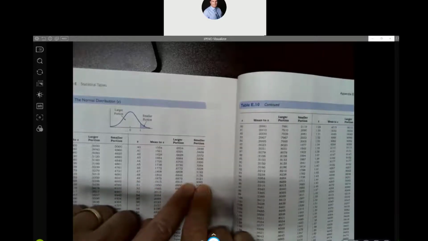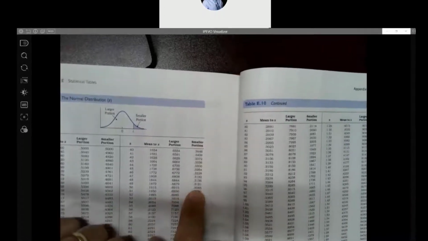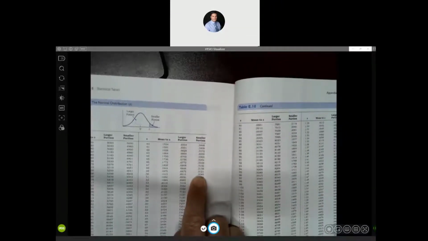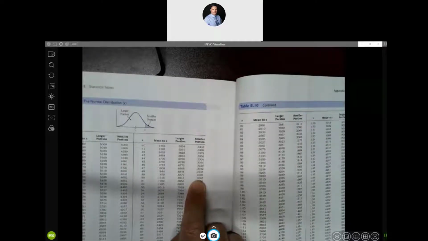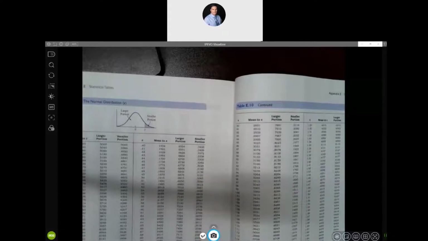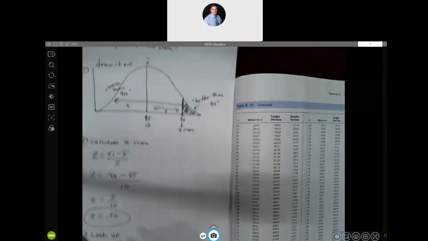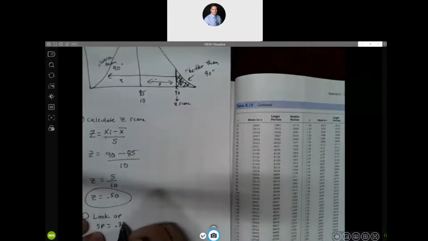And when your 2 fingers kiss, you'll see the proportion of scores, or the percentage of scores, that are in that small portion. And that is 0.3085. Does everyone see where I got 0.3085? Now we're going to round that to 2 significant digits, so we're going to call that 0.31. So we're going to write down in our paper that the small portion is 0.31.